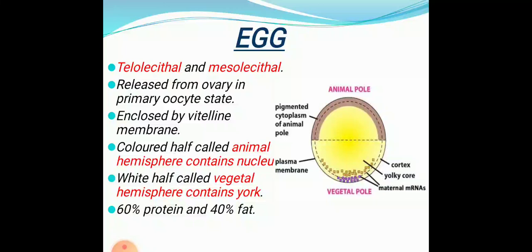And it is telolecithal. In the last class also we discussed the types of eggs based on the distribution of yolk. Telolecithal means the yolk is distributed at one end of the egg. Only at one end the yolk is distributed, hence it is called telolecithal egg, and it is also called mesolecithal.